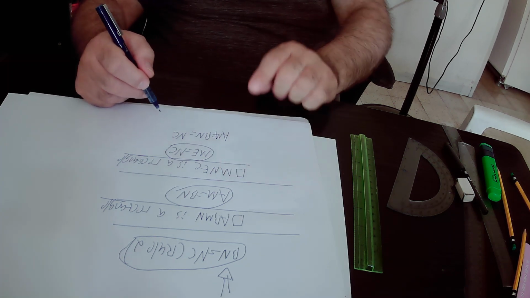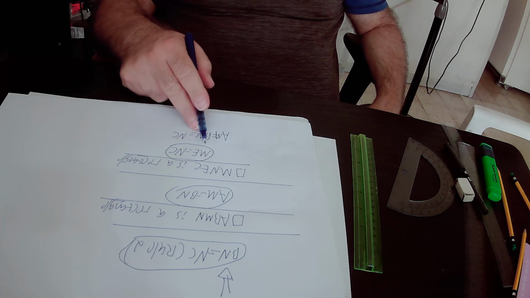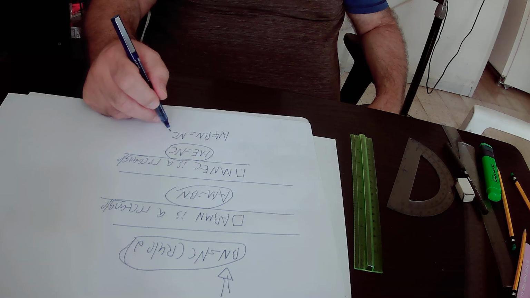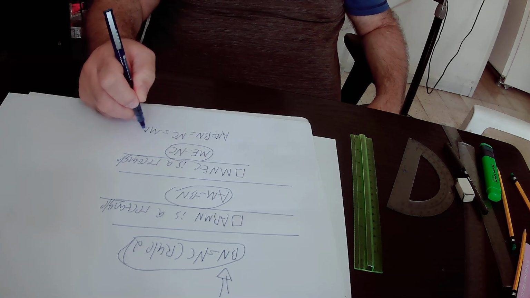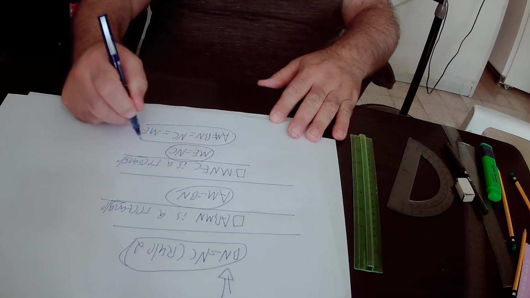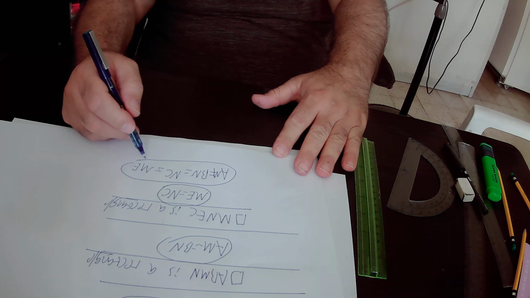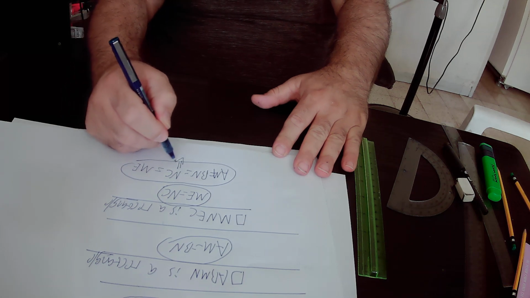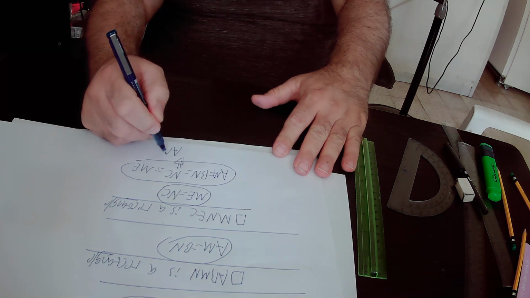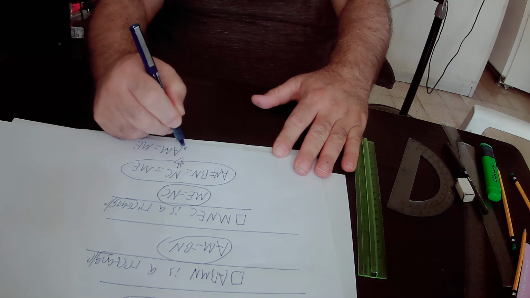And we also found out that NC is also equal to ME. So we can write here that NC equals ME. So from this long equation, AM equals BN equals NC equals ME, we will derive that AM equals ME. AM equals ME.